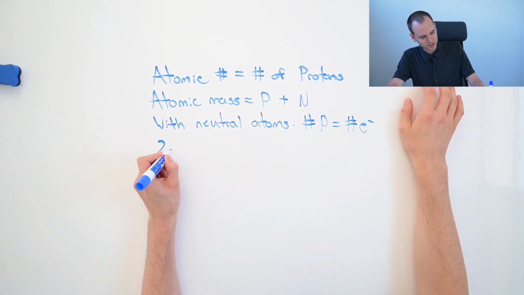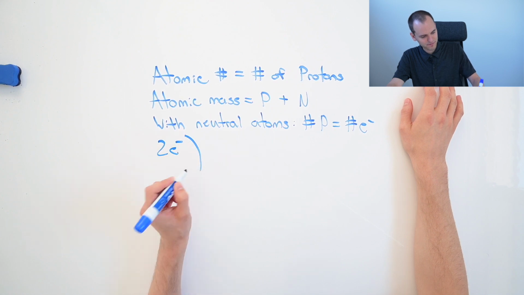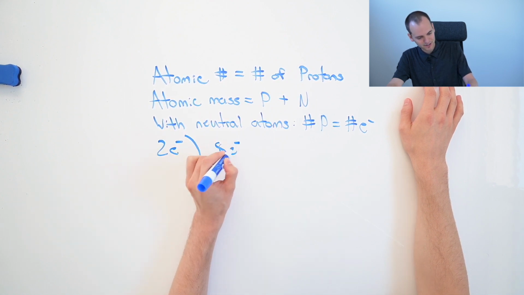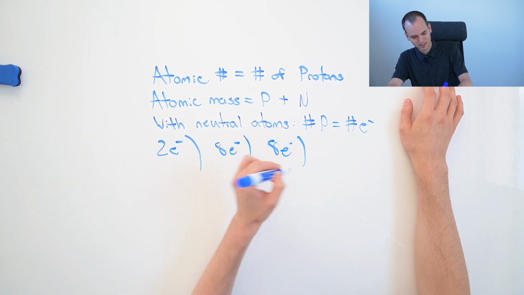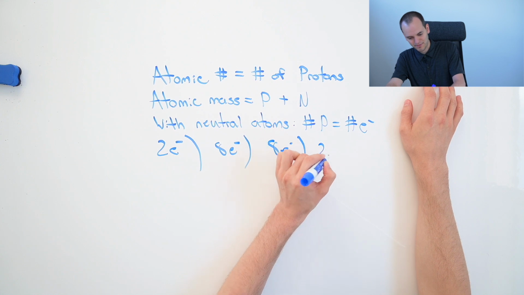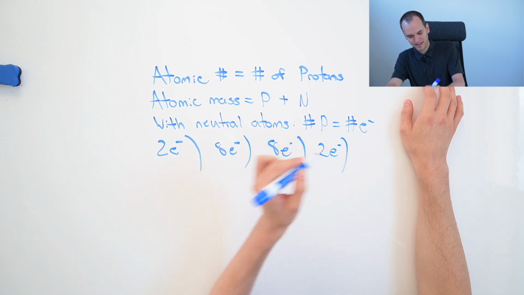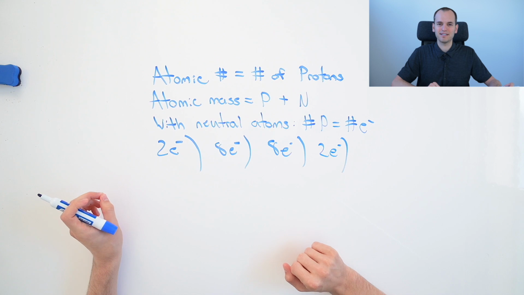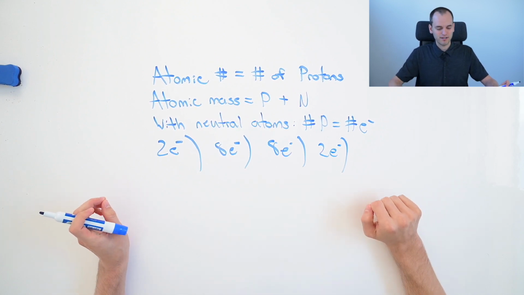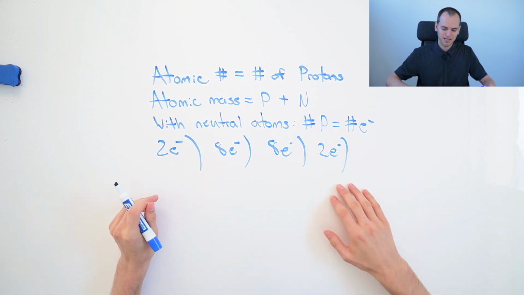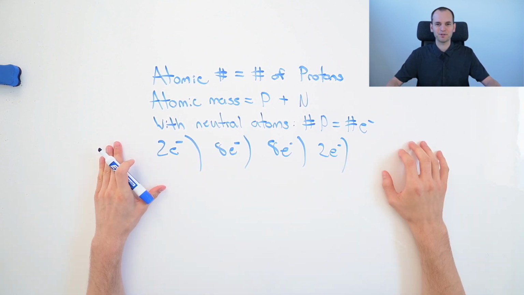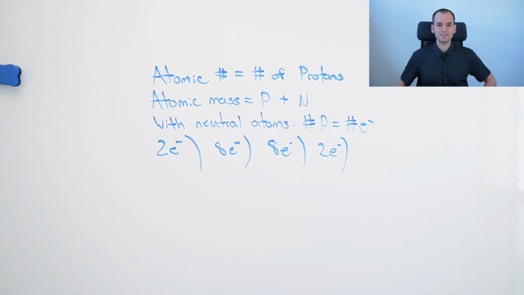You can have 2 electrons in the first one, you can have 8 electrons in the next, and then you can have 8 electrons in the third, and then typically you go up to calcium, and that will have 2 electrons in its outermost shell. So again, it goes 2, 8, 8, and 2. And I'll explain that a little bit more as we tackle the periodic table. So we can use this information when we go through our examples.